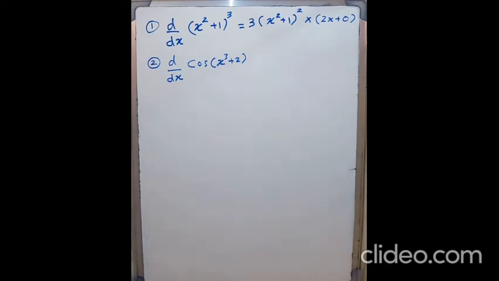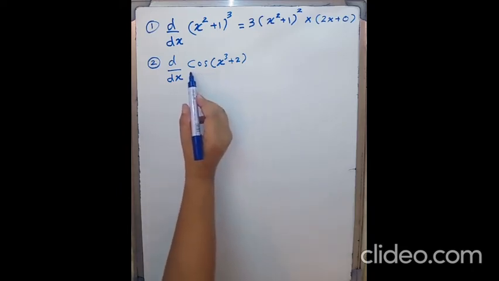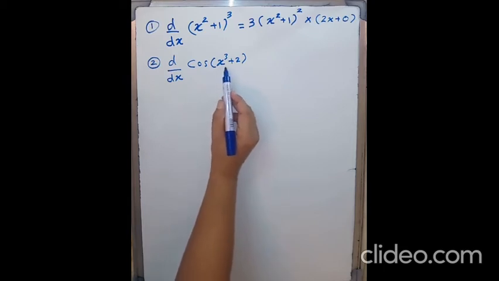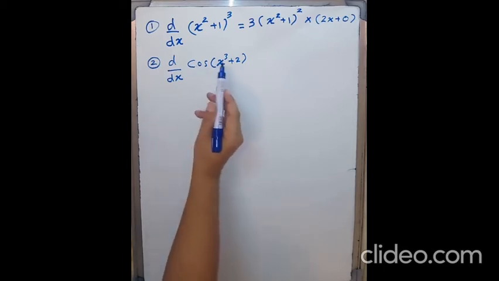Again, this is a composite function. Very clearly, it is a composition of cosine function, cos, and the cubic function, that is x cube plus 2. Cosine is operating on x cube plus 2.